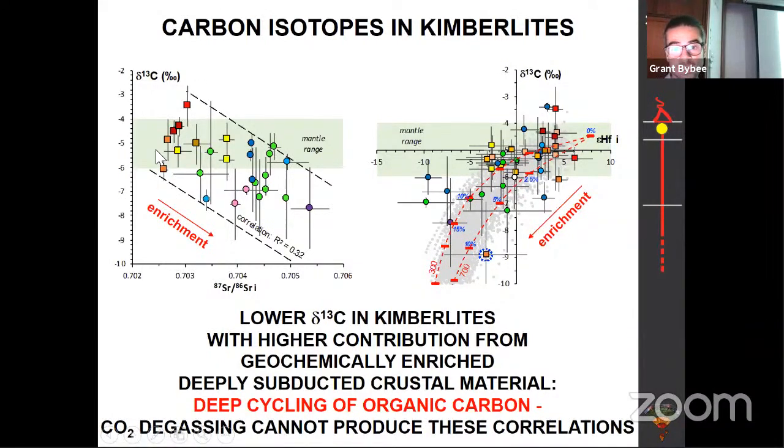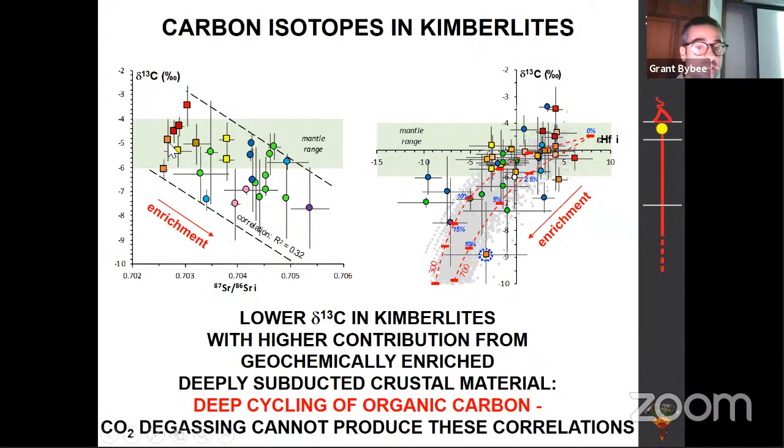And what's interesting is that carbon isotopes become lower with progressively more radiogenic strontium isotope composition. So if you believe what I said before, that this is an indication of enrichment by subducted crustal material in the source of kimberlites, then this also means that this carbon is related to deep cycling of crustal material in the kimberlite source.